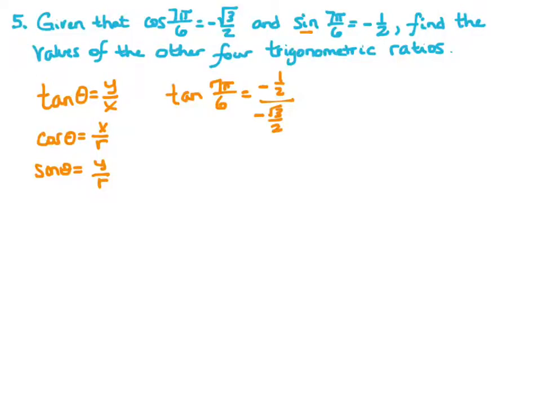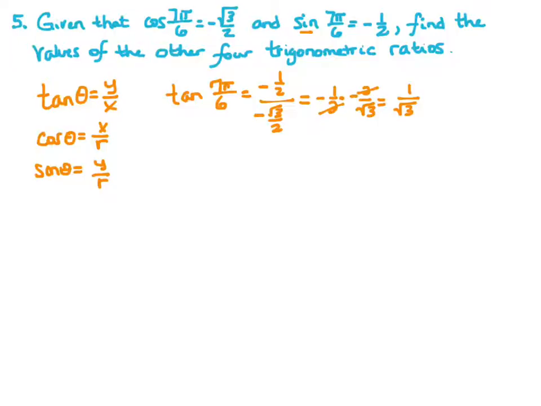Now, when we're dividing by fractions, we need to multiply by the reciprocal. So I'm going to keep the top fraction as it is and multiply by the reciprocal of the bottom fraction. I have a 2 in the top and the bottom, and everything's being multiplied here, so those can cancel out. I have a negative times the negative, which makes this positive 1 over the square root of 3.